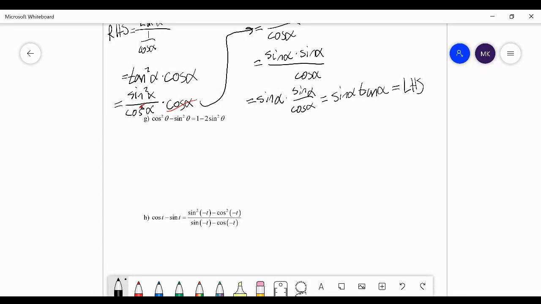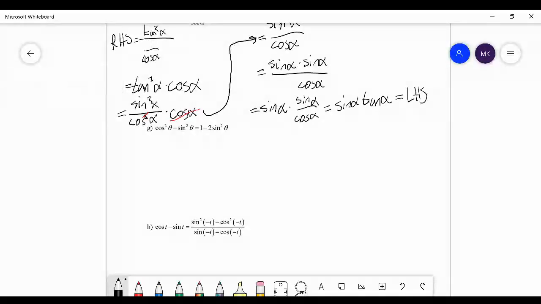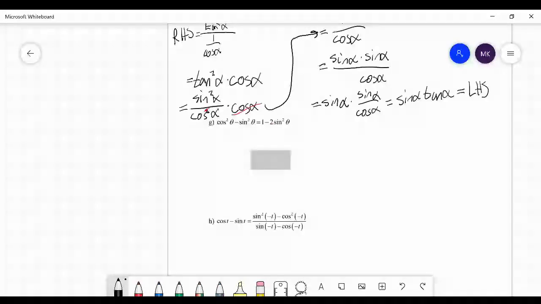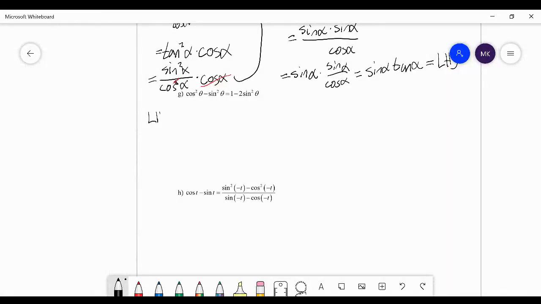I'm going to start with our left-hand side, and I know I want to end up with everything in terms of sine. So let's change cosine squared into sine squared. To do that, we use 1 minus sine squared theta. Then we have minus sine squared theta.